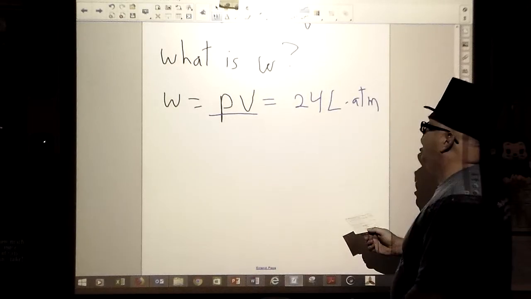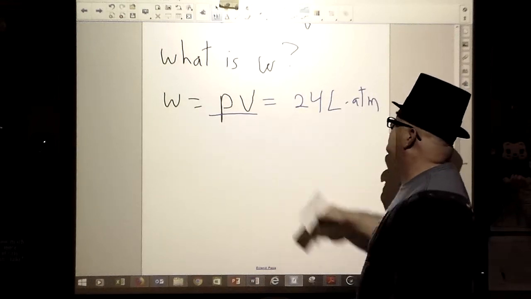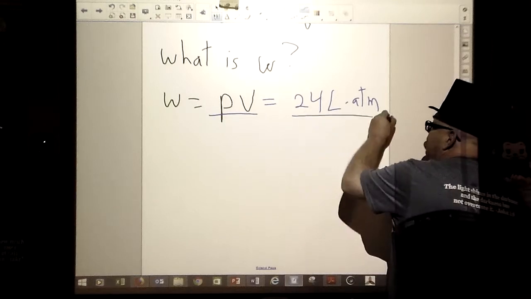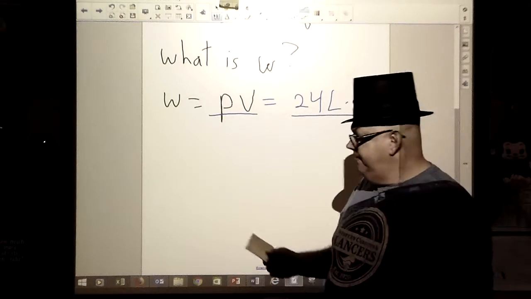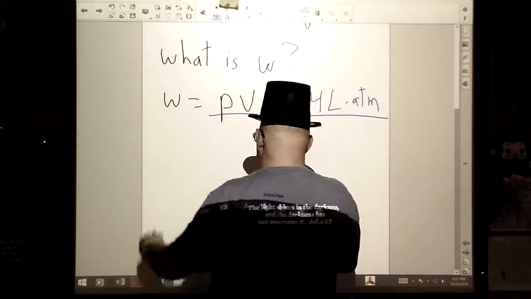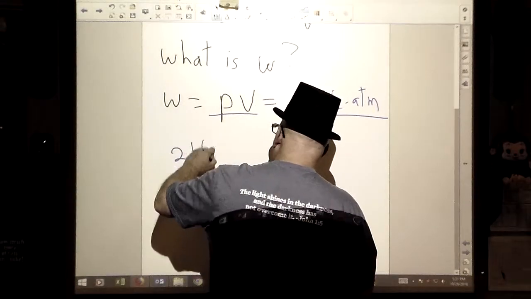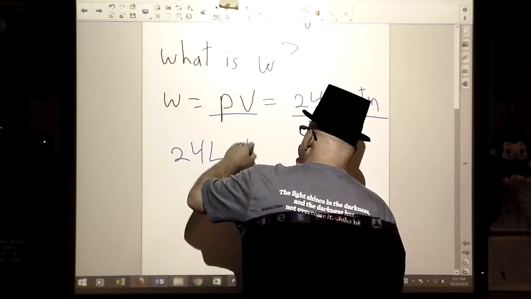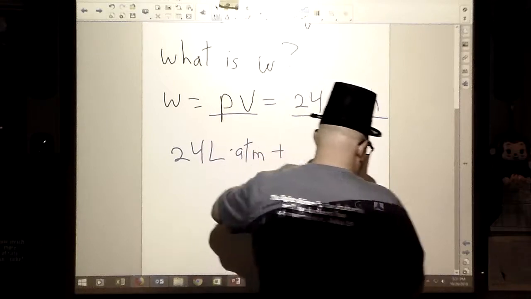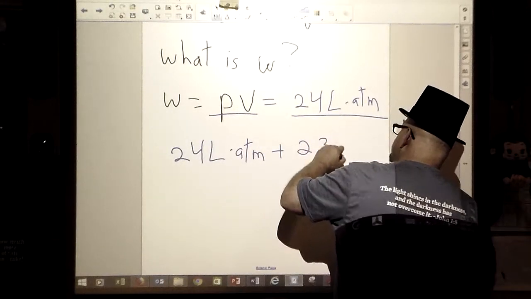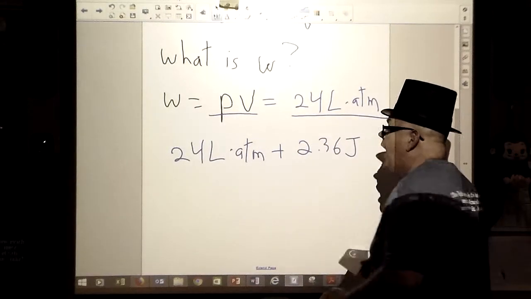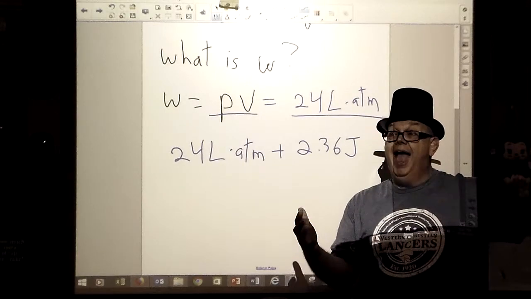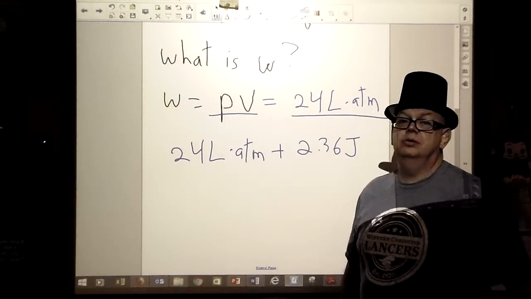All right. So we know that work is pressure times volume, and we got that from the previous problem. So we got 24 liter atmosphere plus 2.36 joules. Can we add this up?